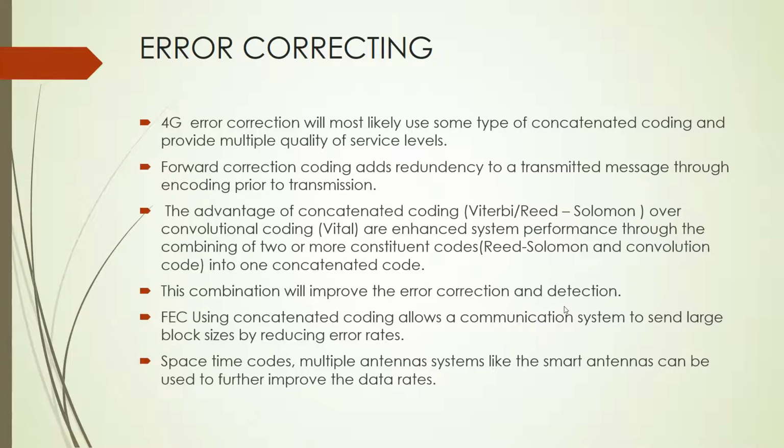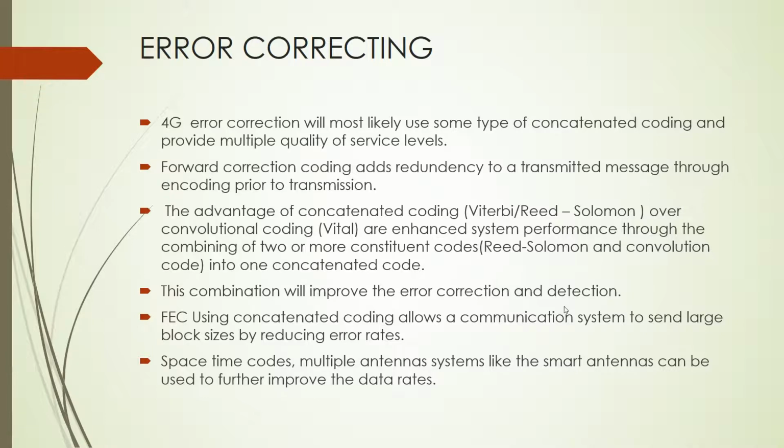Reed-Solomon, over convolutional coding, are enhanced system performance through the combining of two or more constituent codes, known as Reed-Solomon and convolutional code, into one concatenated code. This combination will improve the error correction and detection.